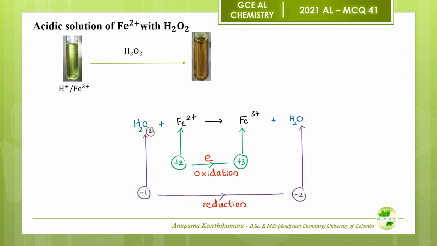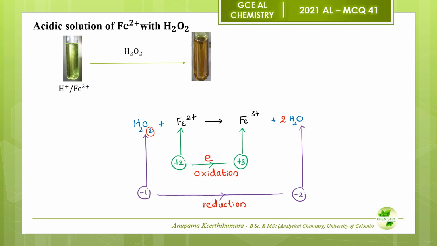Therefore, first balance the number of atoms which undergo reduction. So we can use the coefficient 2 for water. The number of electrons involved in the reduction process per oxygen atom is 1 electron. The difference between these two oxidation states is just 1 electron, but hydrogen peroxide has 2 oxygen atoms and both undergo reduction and form 2 water molecules.